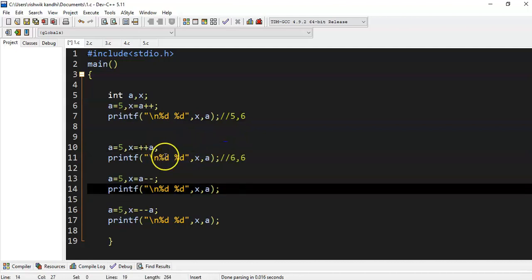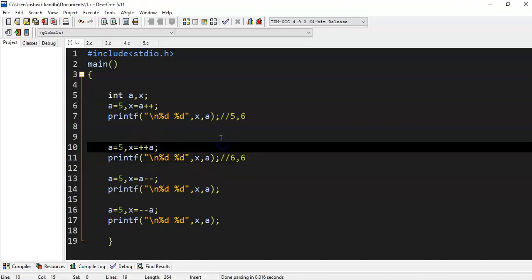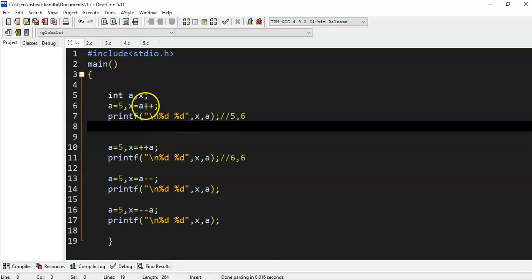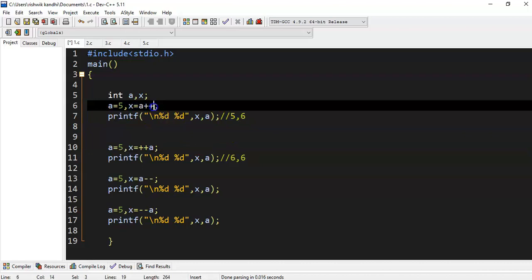But if you observe, in the case of pre, whether it is ++a or a, it is the incremented value. So it is easy to remember the pre-increment operator. The only difference in the case of the post-increment operator is that a++ will return the previous a value, but a will have the incremented value after this expression evaluation.